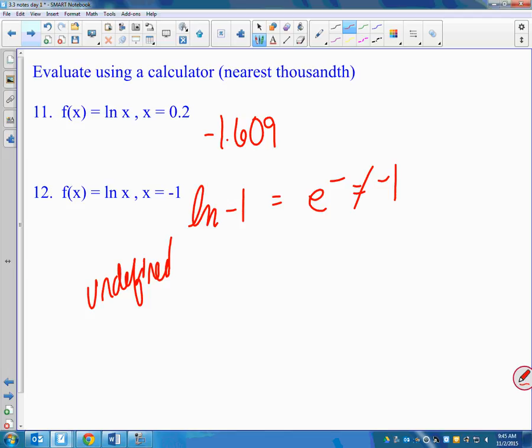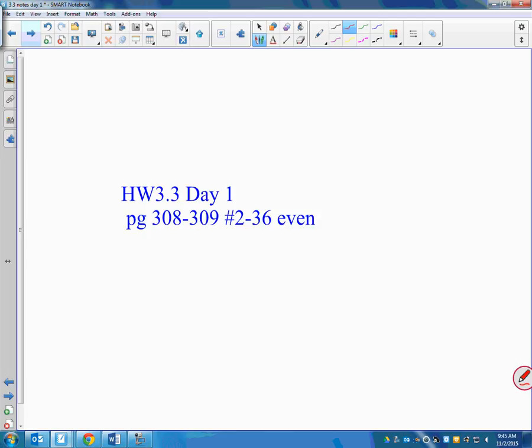The homework can be a little tricky on some of these today. So 2 through 36 even. Maybe I'll do one with you real quick, and then I'll give you some time to work. If I could find my textbook, that would be amazing. Maybe over here.